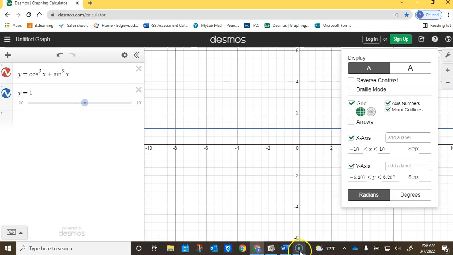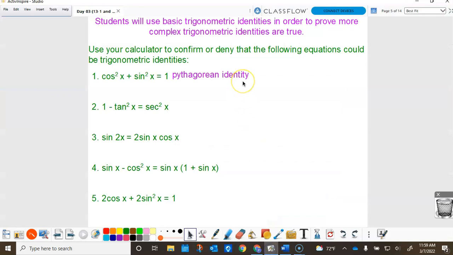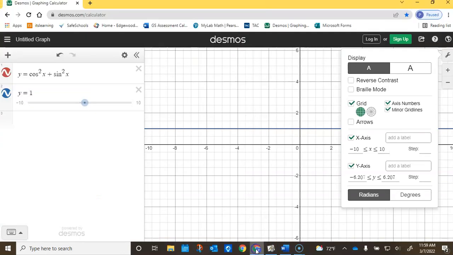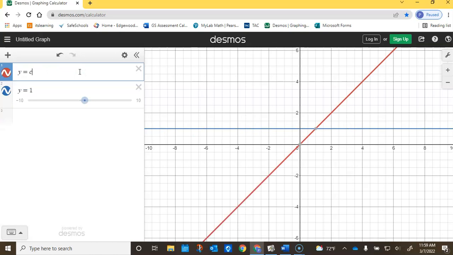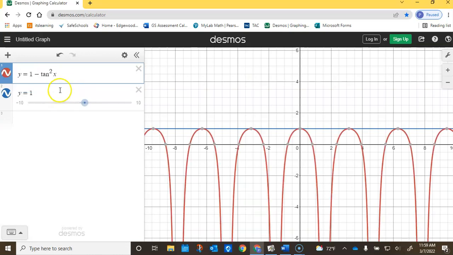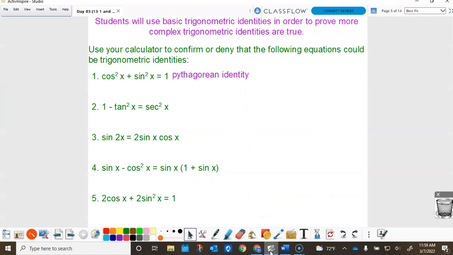So we come back here and we have said that this is an identity, and we've actually said this is the Pythagorean identity. So the next one we're going to check is, does 1 minus tan squared x equal secant squared x?